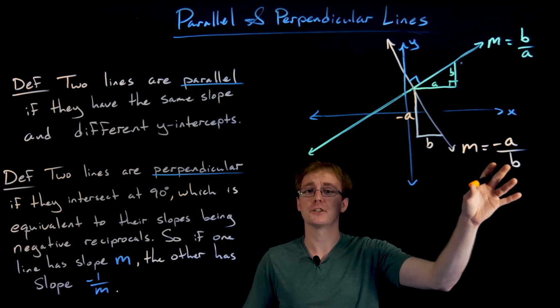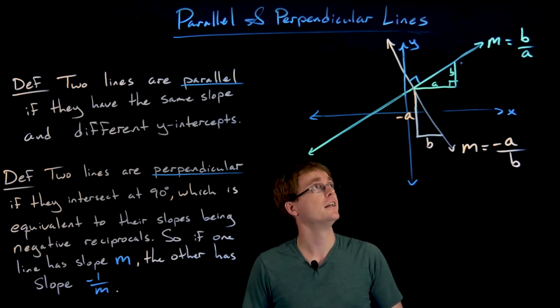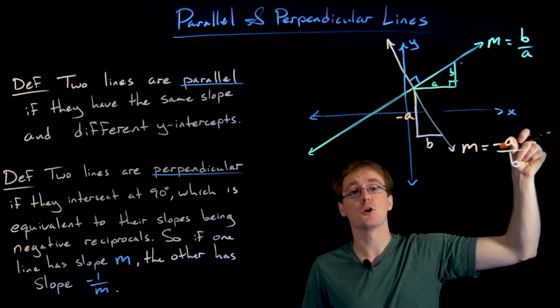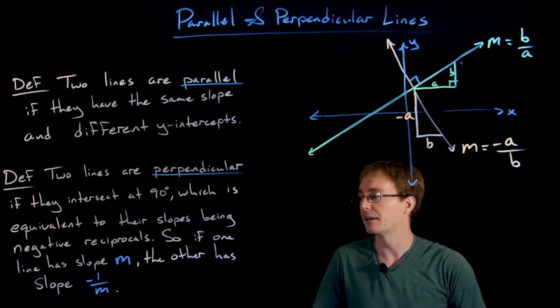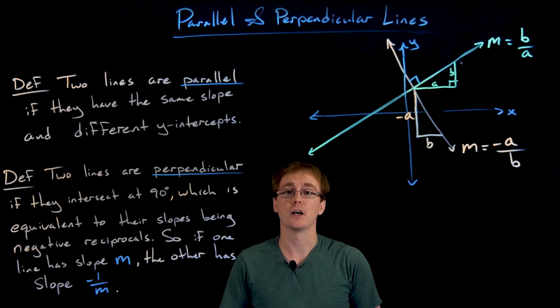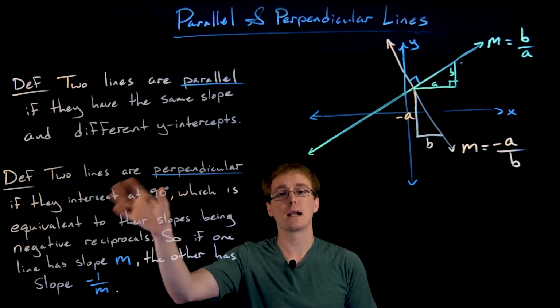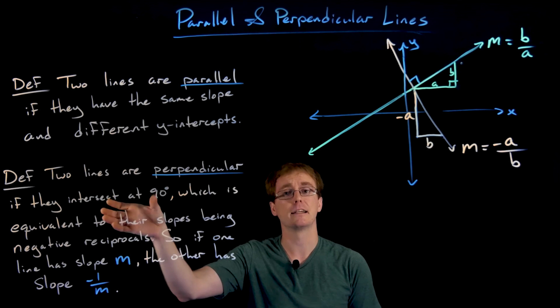But the whole point of this picture is to make this argument that we have in our definition over here. If we compare the slopes of these two lines, they're just flipped over versions, right? This fraction just gets flipped over and multiplied by -1. That means they have to be negative reciprocals of each other. And so we still want to think of this graphical interpretation of two lines being perpendicular if they intersect at a 90-degree angle.